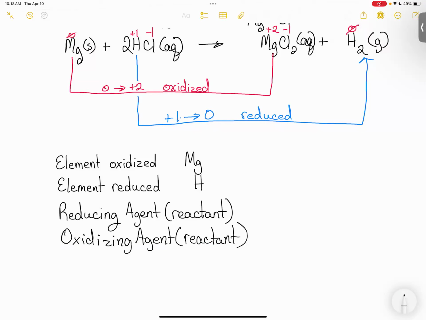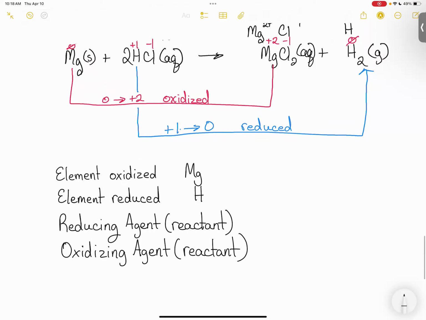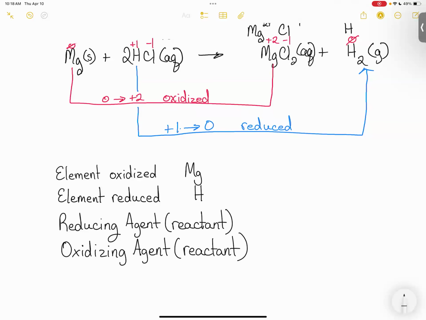Because the reactants always appear on the left side of the equation. So in other words, we are going to be working with this side of the equation for these answers.